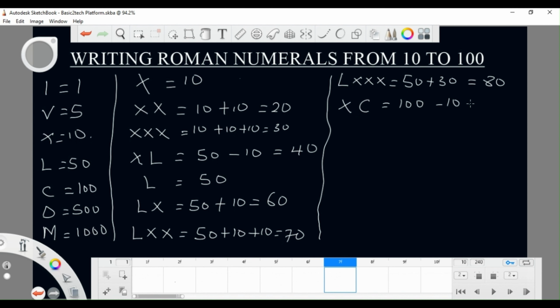That gives us what? 90. Remember, guys, if you are subtracting, the small symbol comes before the large symbol. If you are adding, the small symbol comes after the large symbol. That's for 90. So for 100, from the symbol, 100 is C, so C is equal to 100. So this is how we write Roman numerals from 10 to 100.